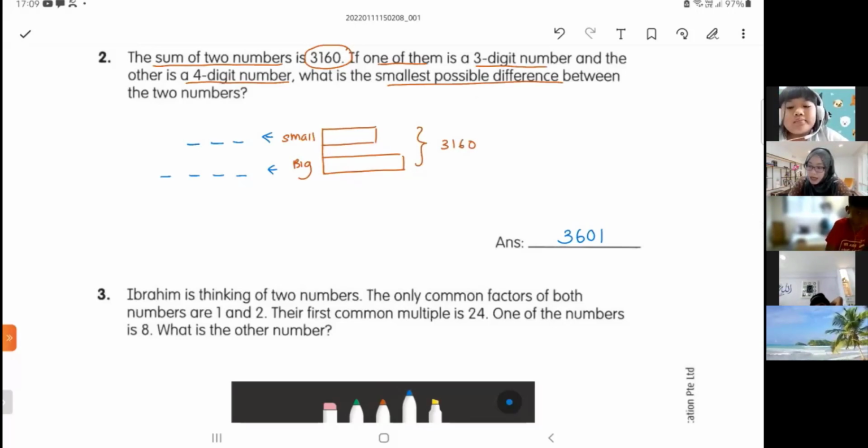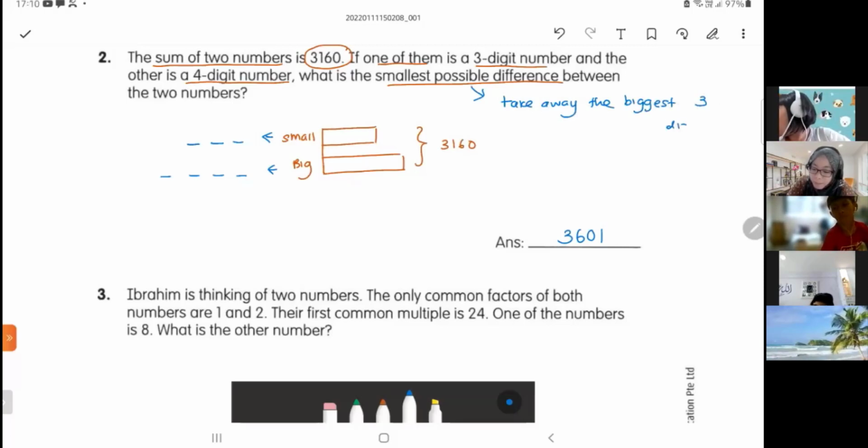So which means I need to know the smallest possible difference. To get the smallest, I need to take away the biggest 3-digit number. I want to take away the biggest.